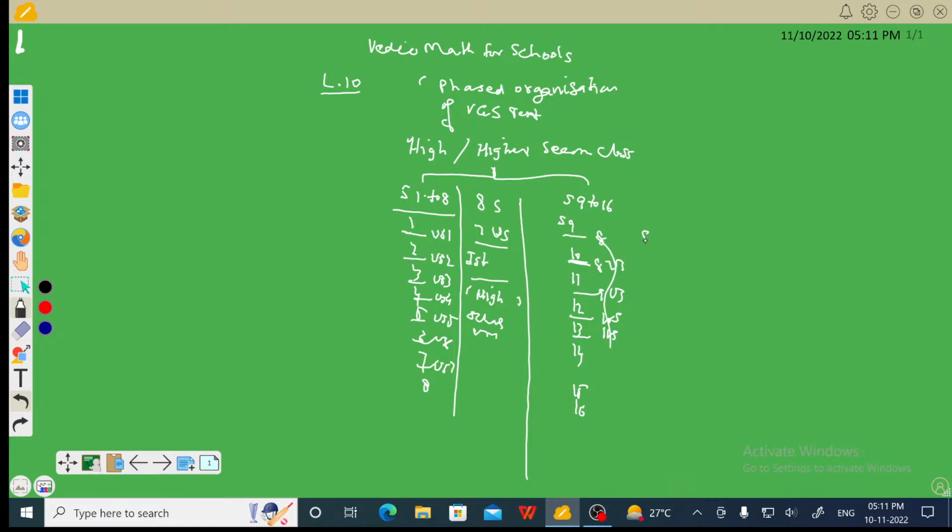We will be having Sutras 9 to 16, and the transition Upsutras here will be 8, 9, 10, 11, 12 and 13.